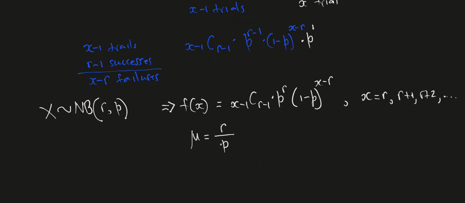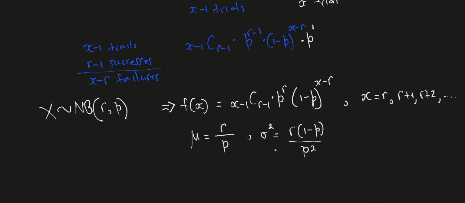That's pretty straightforward. And then your variance is R times (1 minus P) over P squared. And these are pretty much all the equations that you need for the negative binomial.